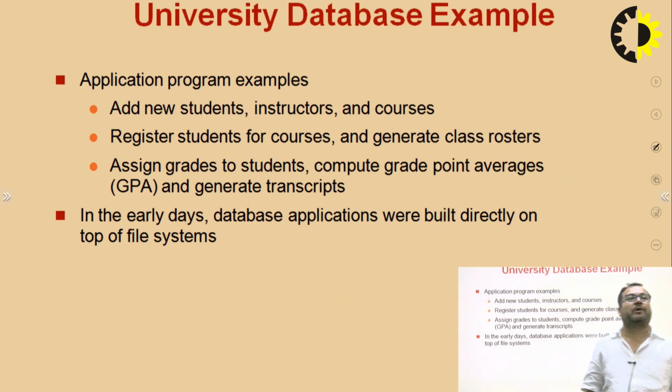A university database example: register students for a course, add new students, instructors and courses, assign grades to students. In early days, database applications were built directly on top of the file system.